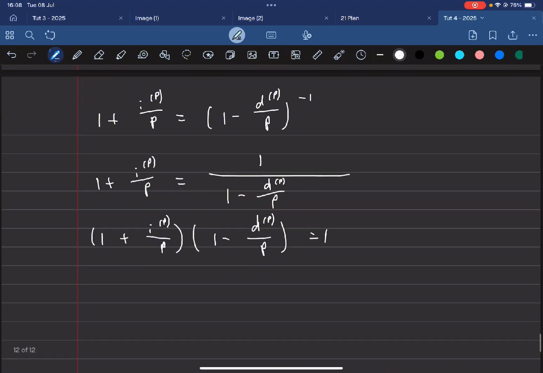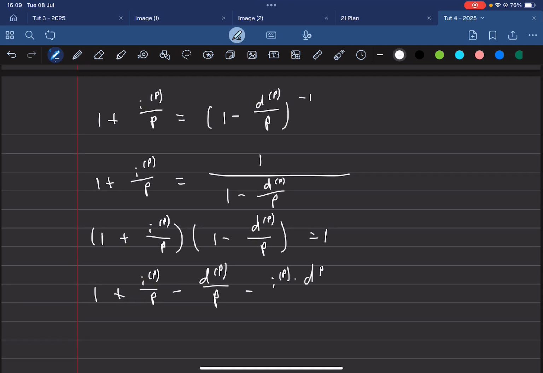Cool. So now let's multiply out this bracket. We get 1. If we multiply inside, we get i^(p) over p. We multiply the outside, we get minus d^(p) over p, and we multiply the last ones, we get minus i^(p) times d^(p) over p squared, equals 1.